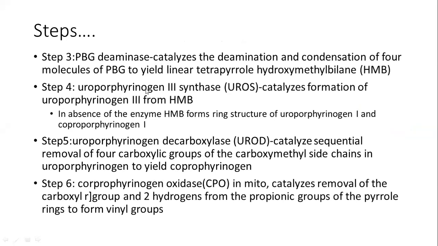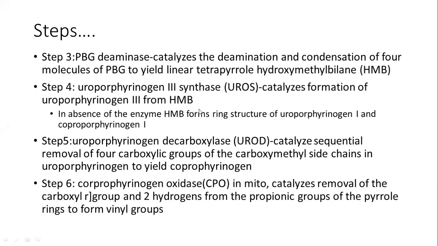But basically, at step number 4, uroporphyrinogen III synthase catalyzes the formation of uroporphyrinogen III from HMB. This enzyme is important because if it is absent, it causes HMB to form uroporphyrinogen I and coproporphyrinogen I, which are not essential in heme synthesis.